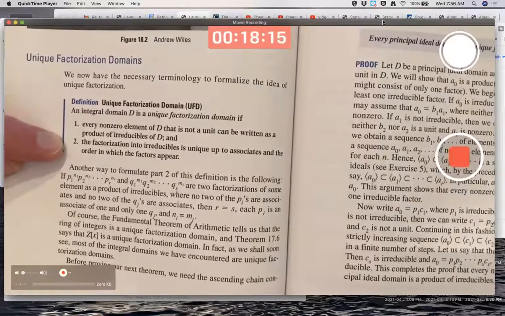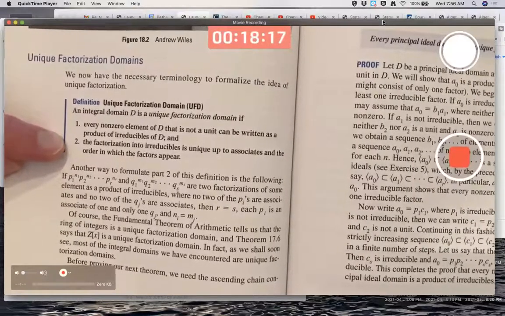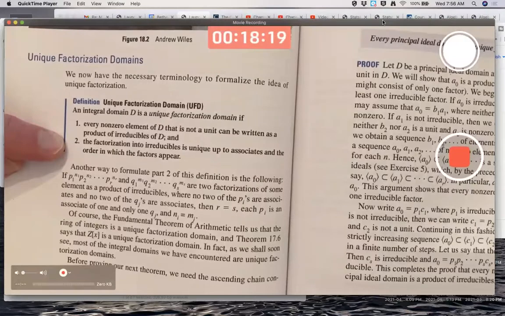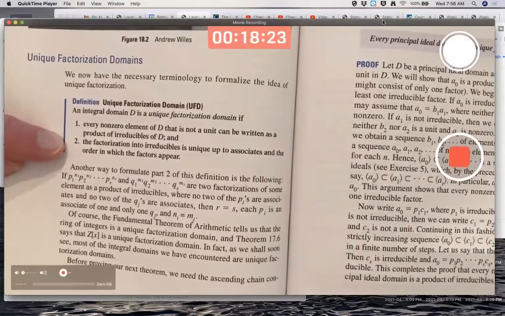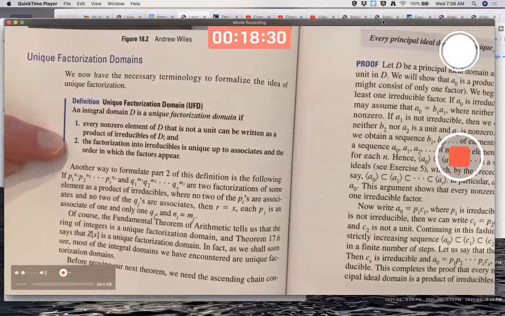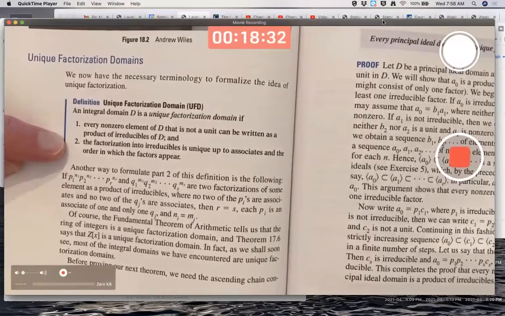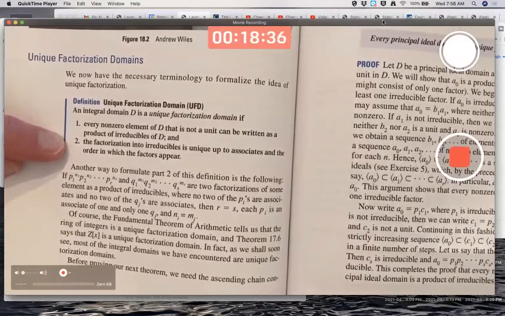And the factorization is unique up to associates and up to the order in which the factors appear. You can rearrange the factors, so the order that they appear is not unique. And when it says up to associates, effectively that means up to plus or minus the irreducibles.